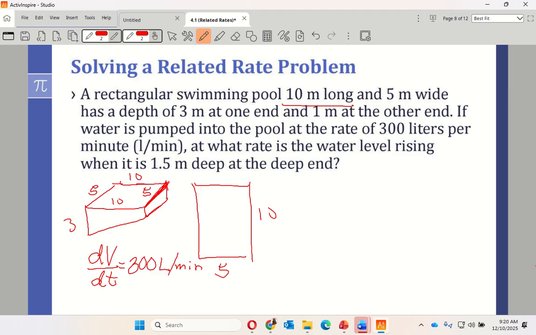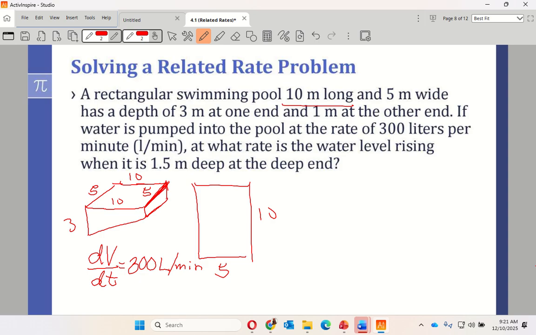At what rate is the water level rising when it is 1.5 meters deep at the end? So water level rising, that's a change in what? We're talking about a pool, and as we fill up the pool, the water goes up.